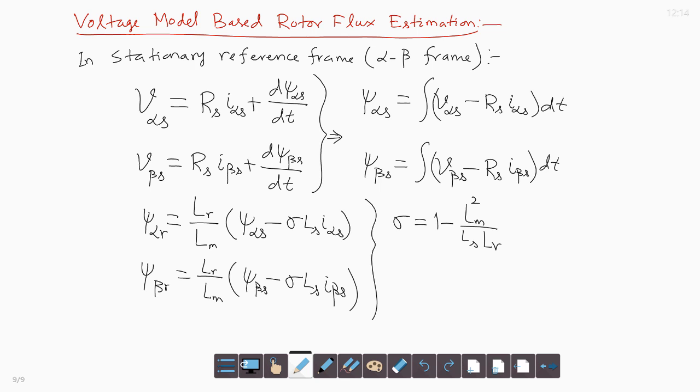You can derive the rotor flux equations as I have written here. I will show you the derivation in the next slide. Before that, you understand how the voltage model estimates. First, the voltage model uses two voltage sensors and two current sensors.